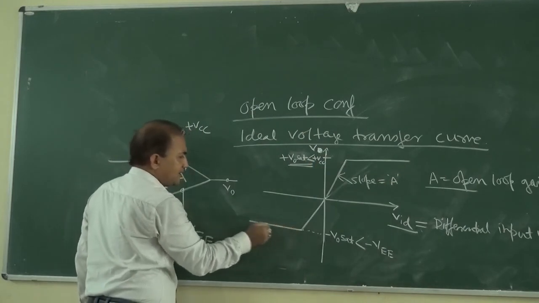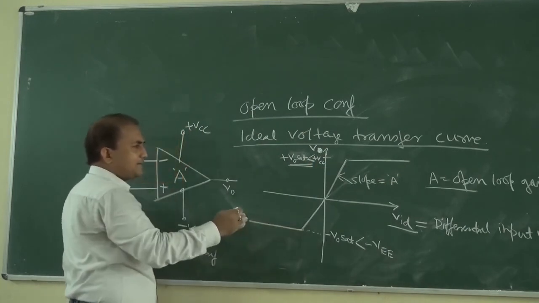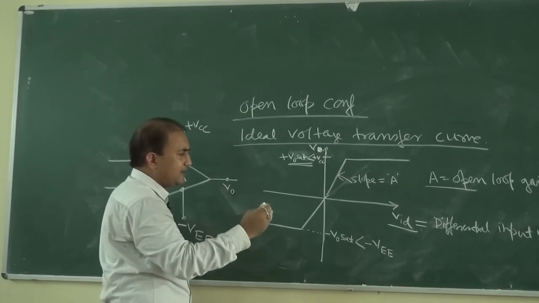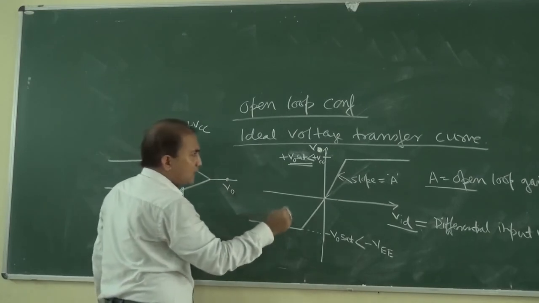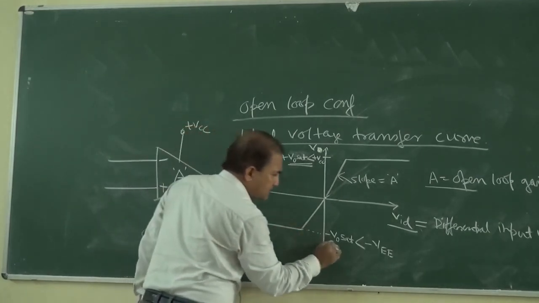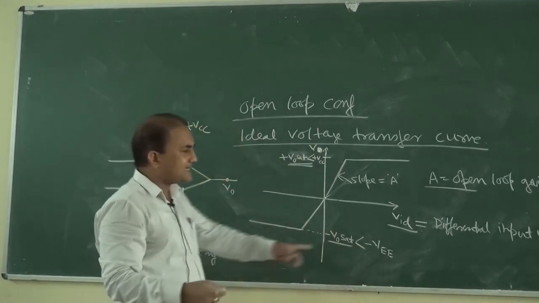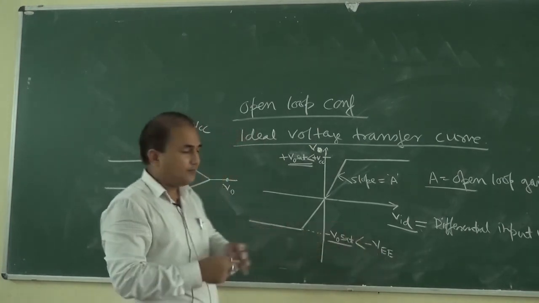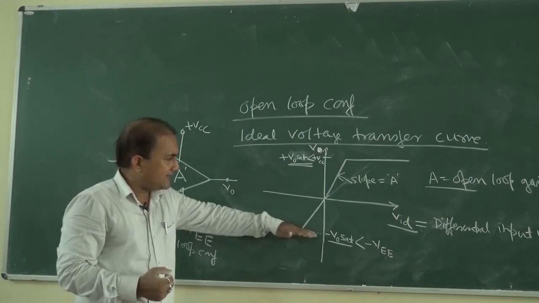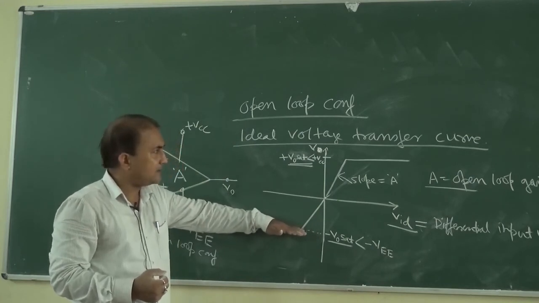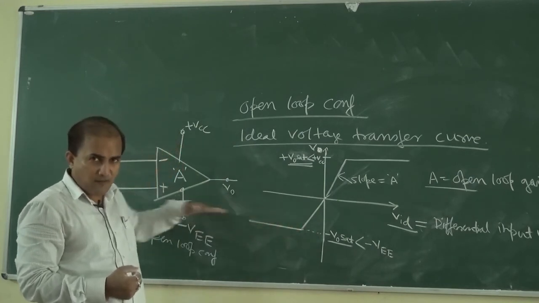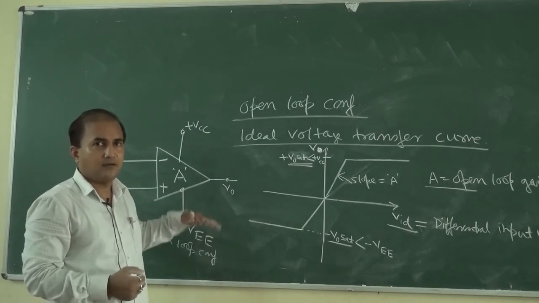Similarly for the negative side, it is constant after some increase in VID. If V output reaches minus V output sat, which is less than minus VEE, then at that point V output is almost flat. Now it is not changing.